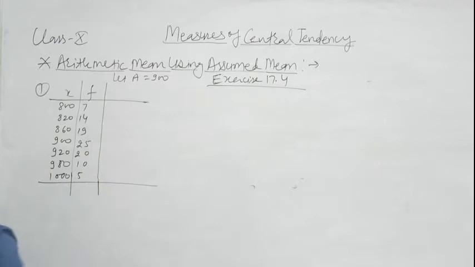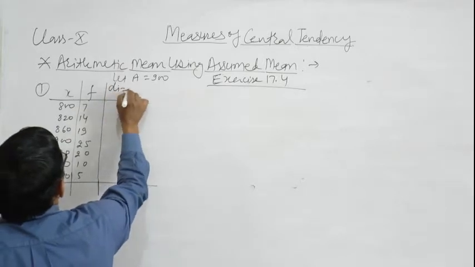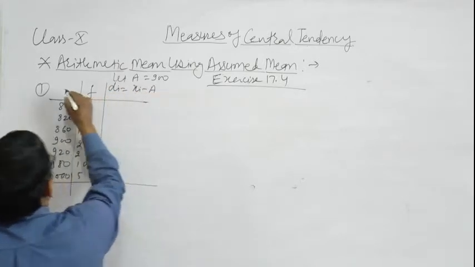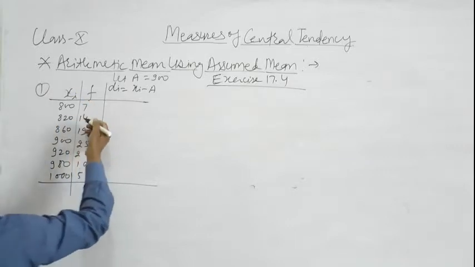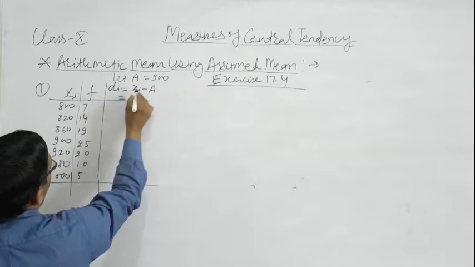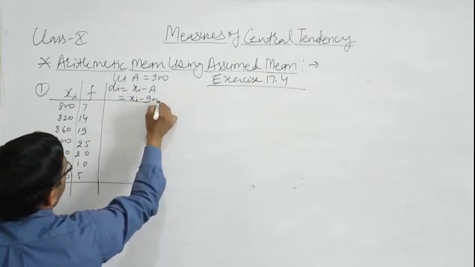Okay, assumed mean. We find next column of di. di is equal to xi minus a, where a is 900.